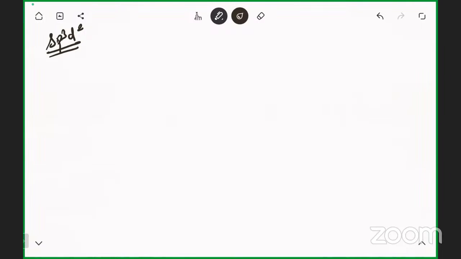Okay, so the example we will take is SF6. See, if you learn one example, then you can go for multiple examples just because the hybridization type is the same. So if I'm taking SF6, you can take another example. So basically I'm talking about SF6. So what is the atomic number of sulfur?